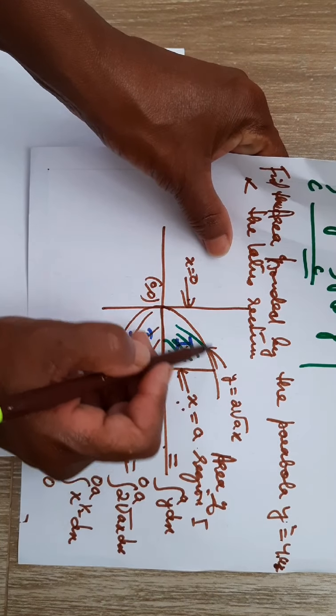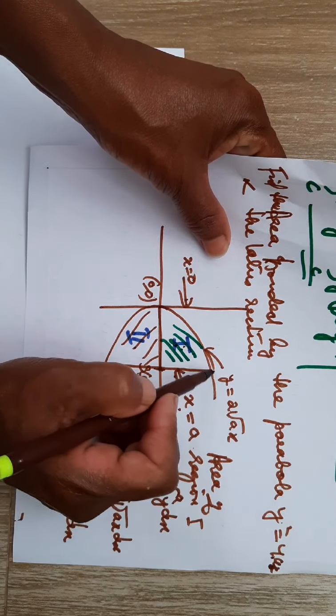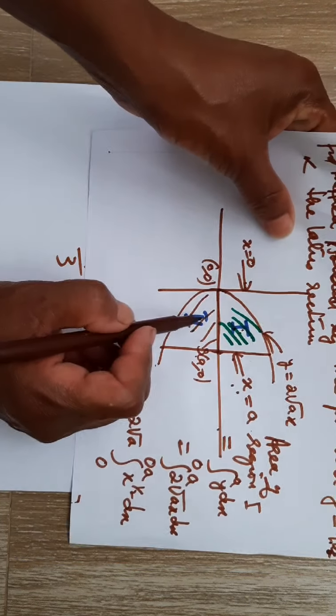But since we need to calculate the whole area bounded by this parabola and the latus rectum, what will be the total area?